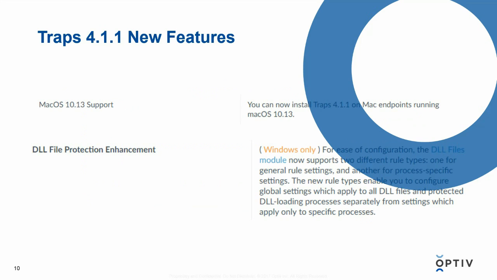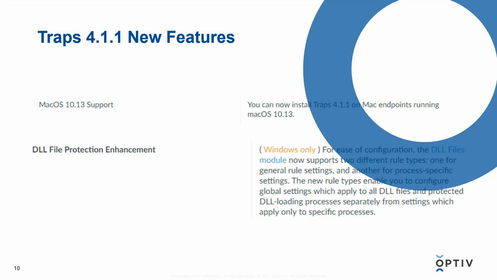Two new features in Traps 4.1.1. First, support for Mac OS 10.13. We can now install Traps 4.1.1 on Mac endpoints running Mac OS 10.13. And second, an enhancement to the DLL file protection. For Windows only, we had the DLL file protection that came along in Traps 4.1.